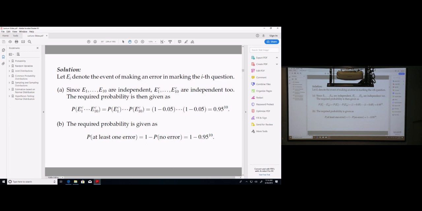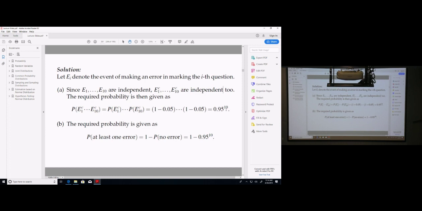This is a result from our earlier discussion. The required probability is now the complement of all of them, meaning that no error is made. So this will be 95%, and so I have 95% to the power 10. I think this number is not pretty. It's about 60 something.